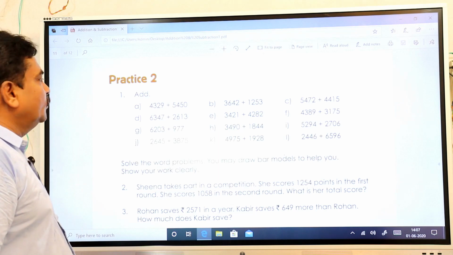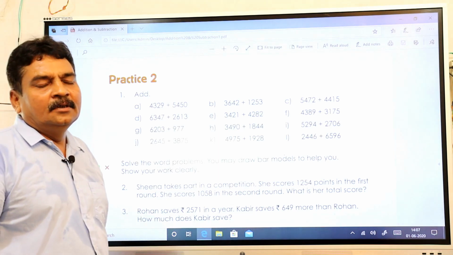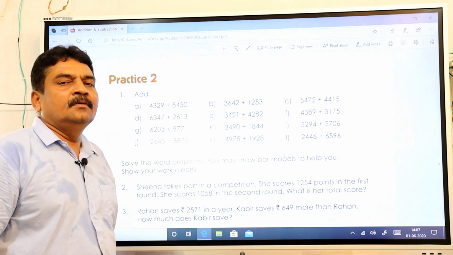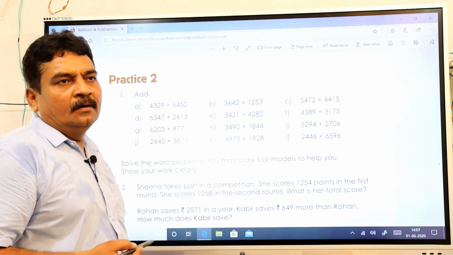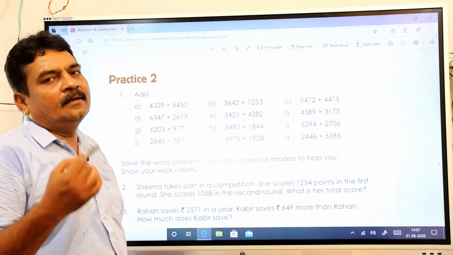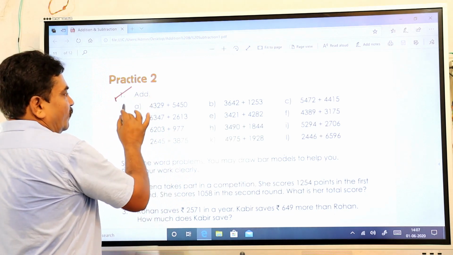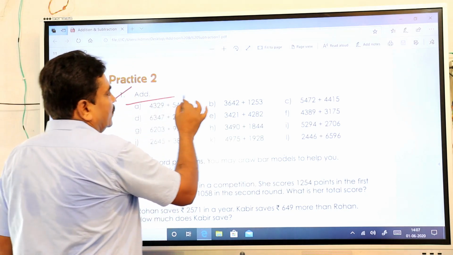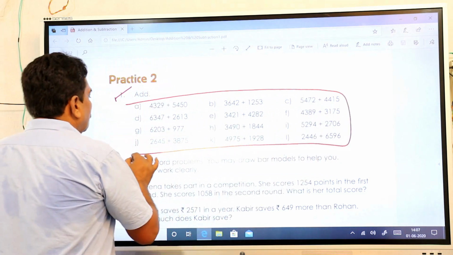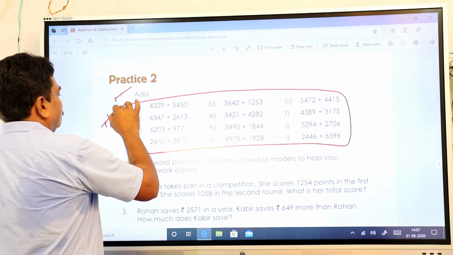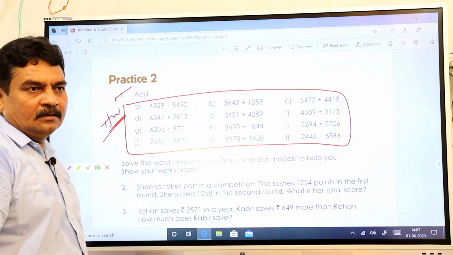If you don't have the PDF, then ask madam to forward you the PDF. She will forward it to you, then you start doing this homework. This part, the first question, this complete, you do it as homework.